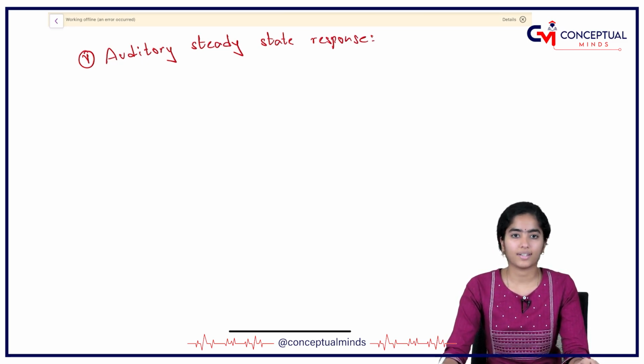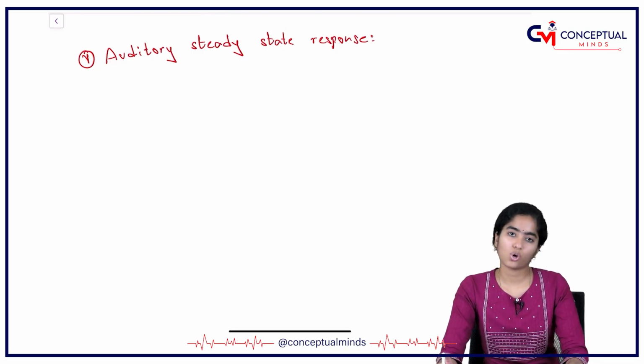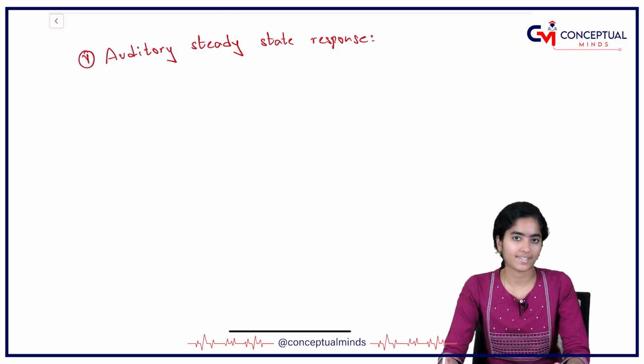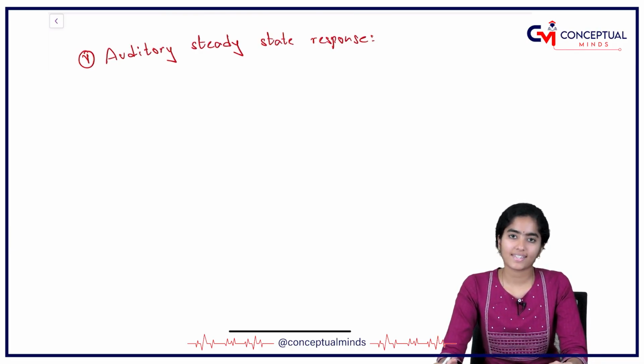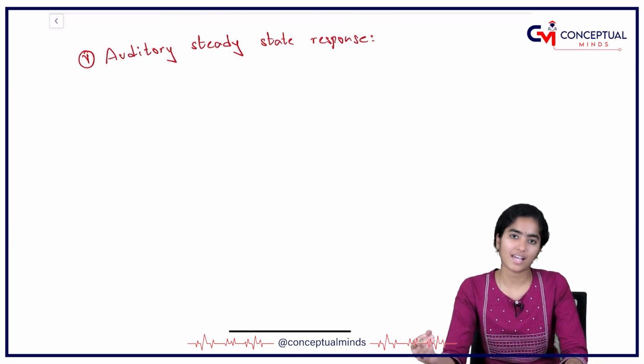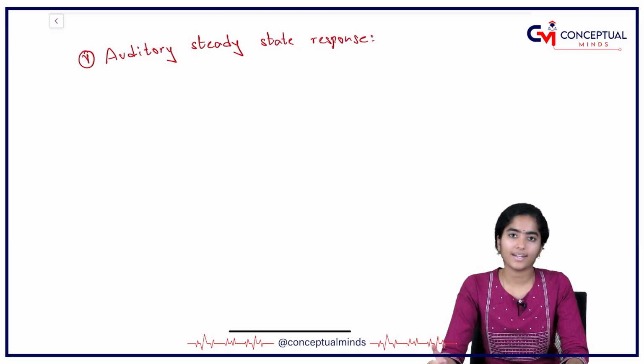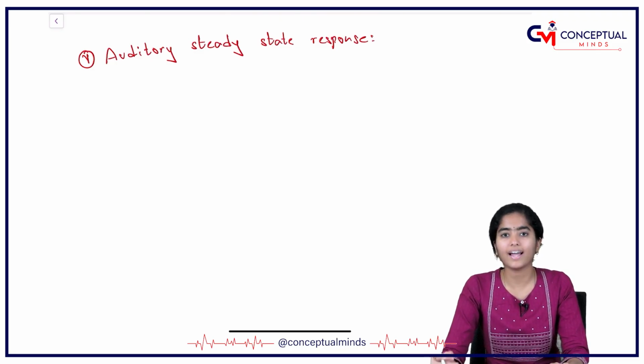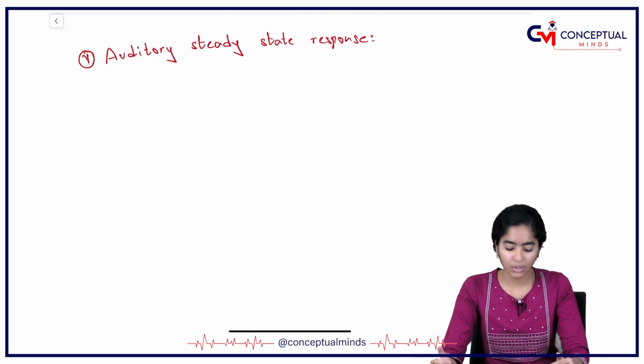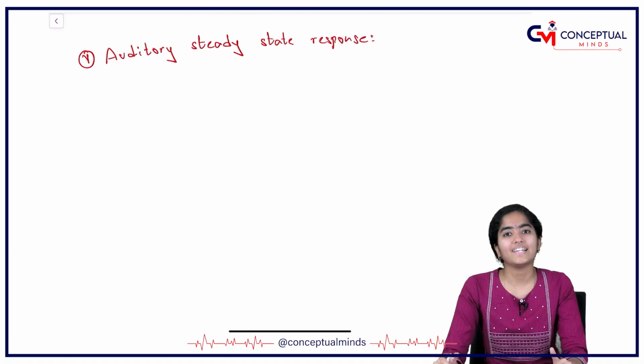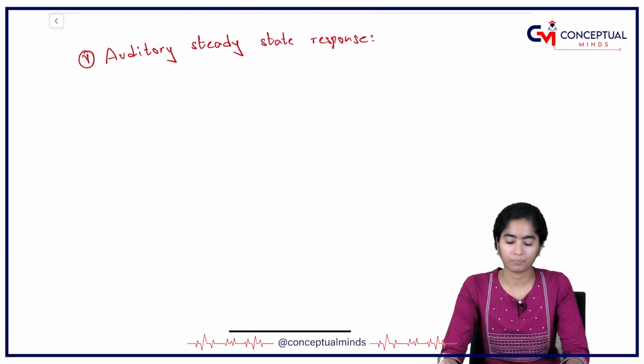In this, what is done is, this is also an electrophysiological test like BERA, but what we do here is steady state signals are used instead of giving sound stimulus. In BERA and electrocochleography, we give pure tone clicks or bursts and identify those waves. But in auditory steady state response, the steady state sound signals are observed and a graph is plotted.